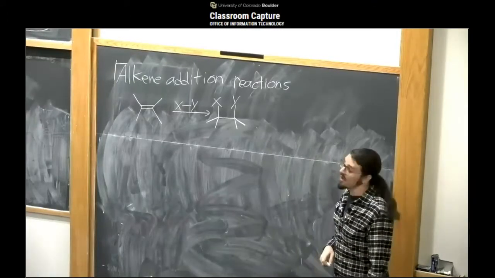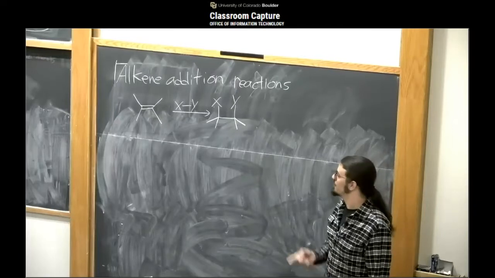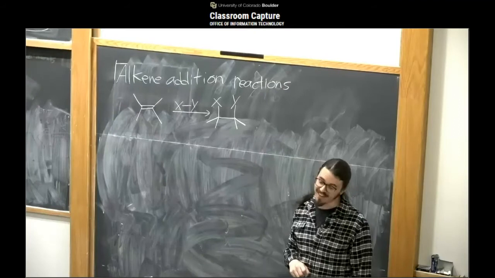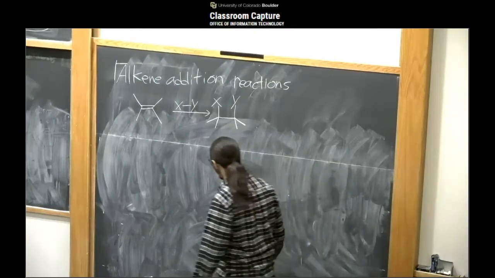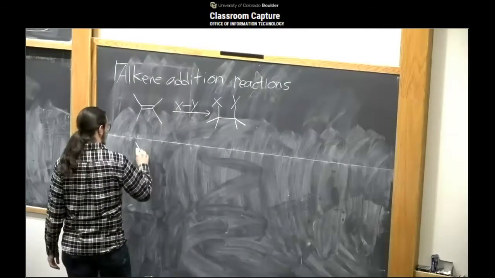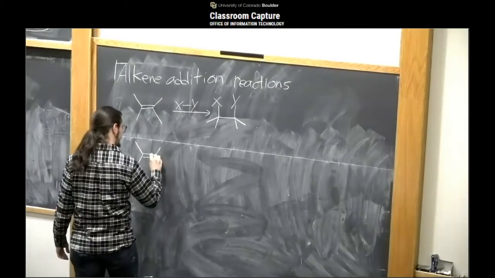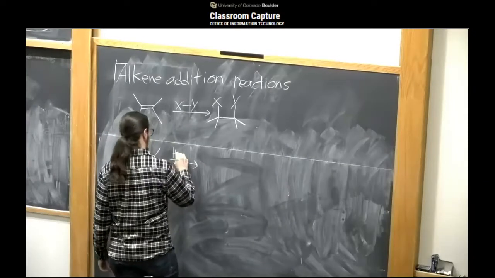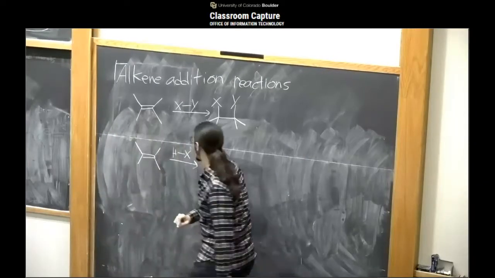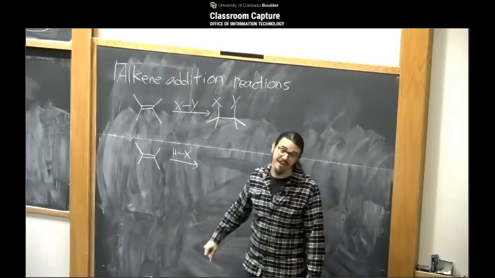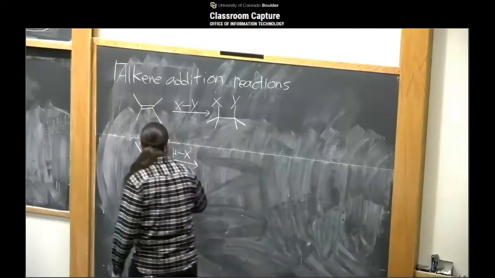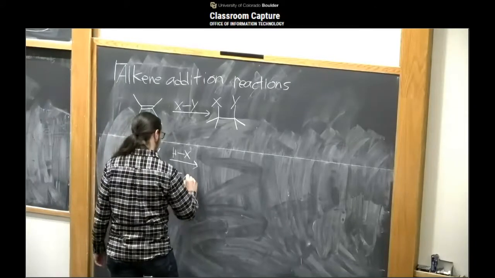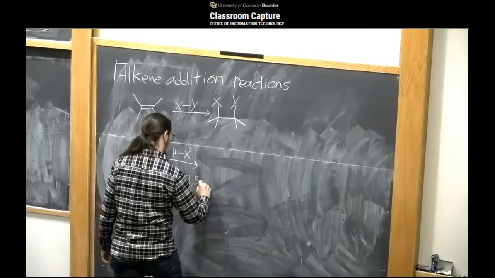So the first one we're actually going to talk about, I've already shown you over there, which is the hydrogen halide addition to alkenes. So using the same substrate, we can have a molecule HX where X is going to be some halogen. So in this case, X will either equal fluorine, chlorine, bromine, or iodine.